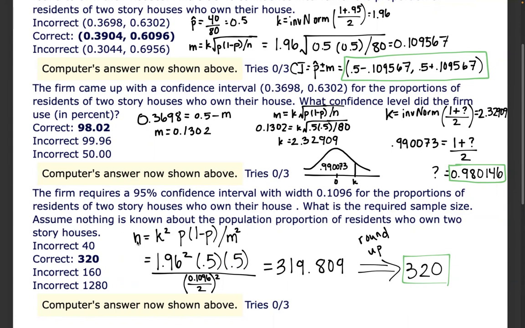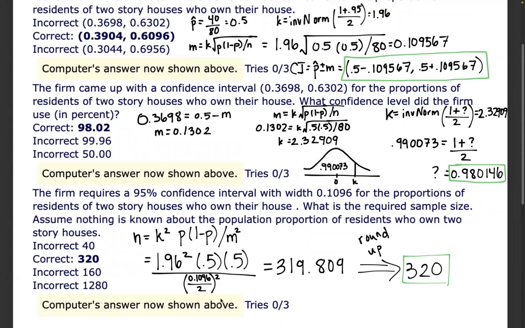So here we have our formula for N, the required sample size, which is K squared times P times 1 minus P divided by M squared. So our K squared is going to be 1.96 squared, because we have a 95% confidence interval. So we already found what would happen if we had a 95% confidence interval.